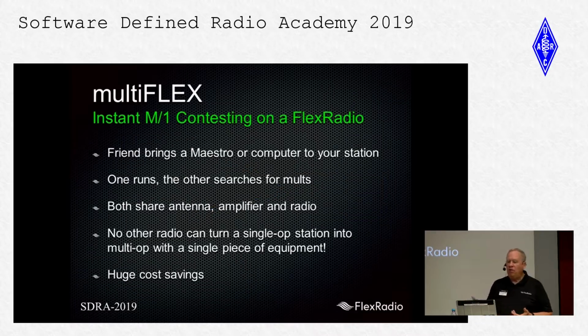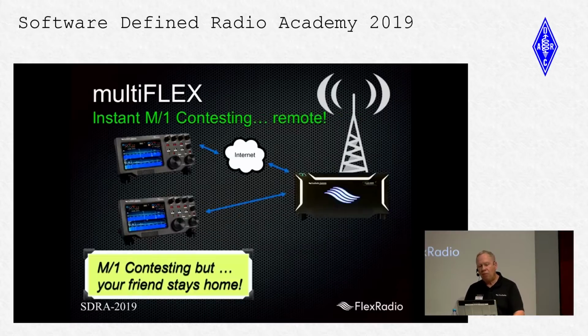So an example is a friend could bring a PC or a Maestro to your station. One could run and one could search for mults. You could share antennas, amplifiers, radios, and there's no other radio today that has this capability, so there's a huge cost savings. You can also have one of your partners operating remotely over the internet.